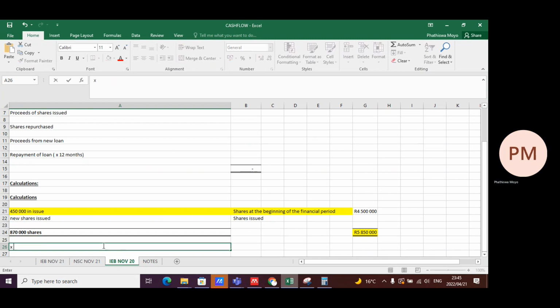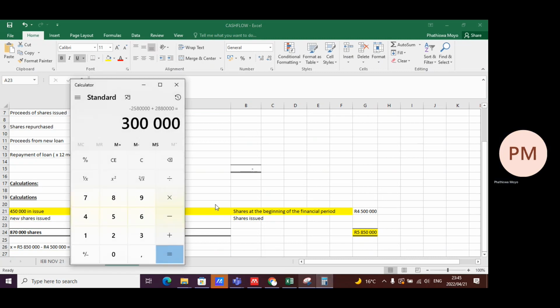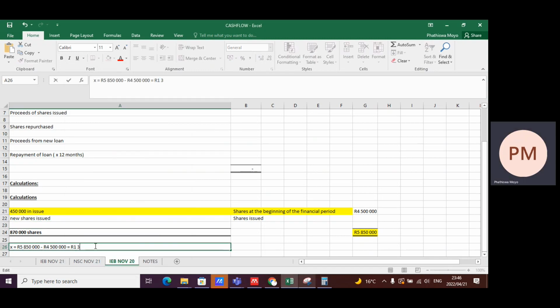X equals 5,850 minus 4,500, which is 1,350,000. So the shares issued here, it's 1,350,000, guys.